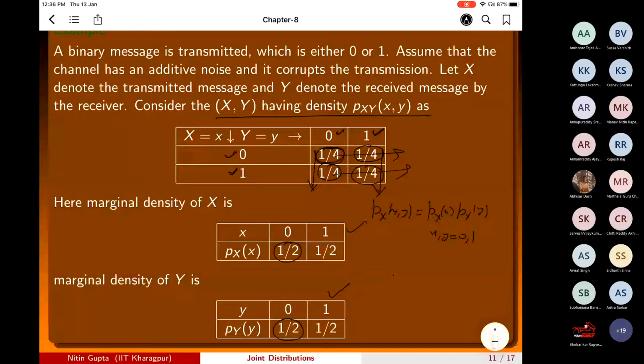Similarly, p(0,1) is 1 by 4, px(0) is 1 by 2, and py(1) is 1 by 2, so this is also 1 by 4 equal to 1 by 2 into 1 by 2. Whichever case you take, (0,1), (1,0), (0,0), (1,1), this holds for all x and y. Therefore, x and y are independent.